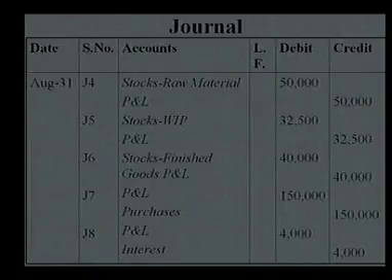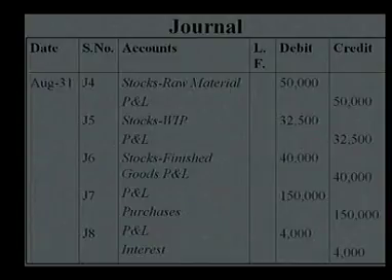So we must have a record of these adjustment entries in journals first, and then they will again be posted to the respective T accounts, and those T accounts will be closed, and then finally you have a profit and loss account.